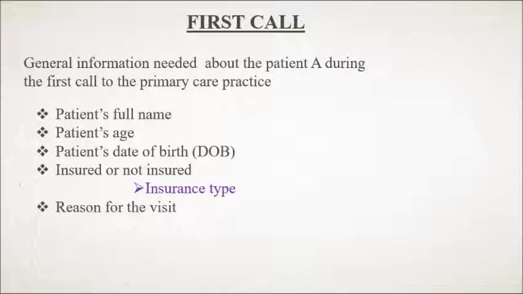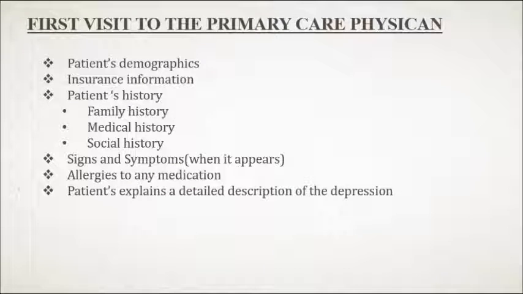Patient A made a first call to the primary care practice. They will need Patient A's full name, age, date of birth, insurance type, and the reason for the visit.